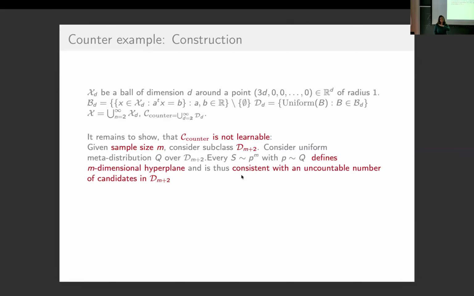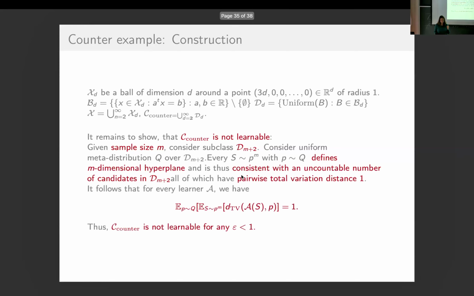But there will be an uncountable number of consistent candidates in the set D_{m+2}, because all the distributions in there are distributions over m+1 dimensional surfaces.